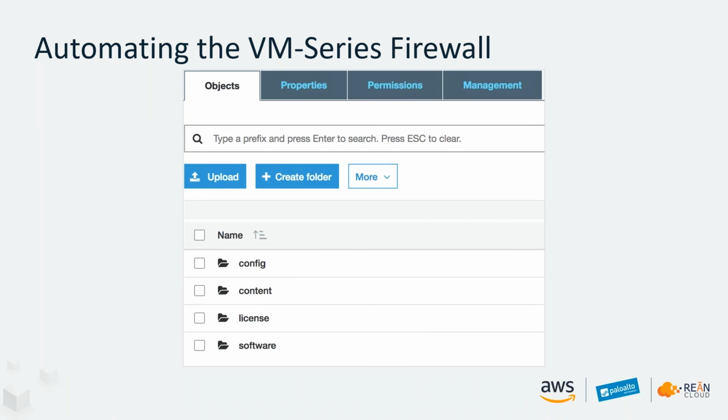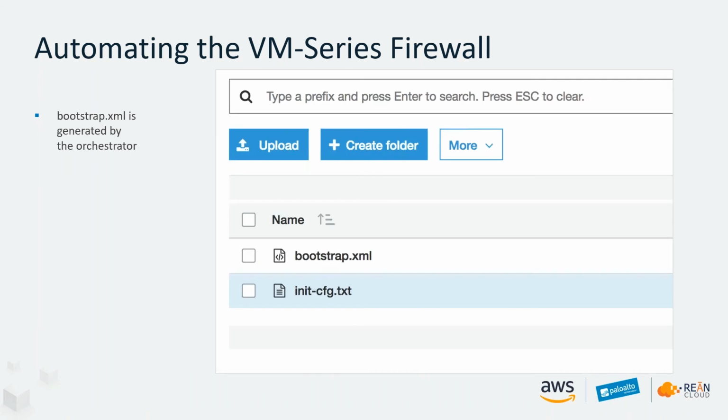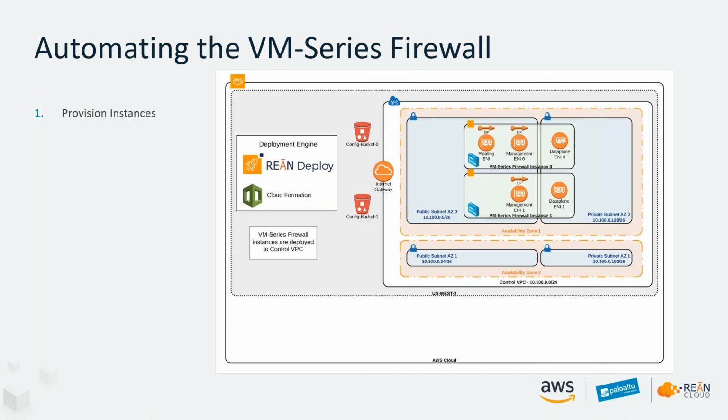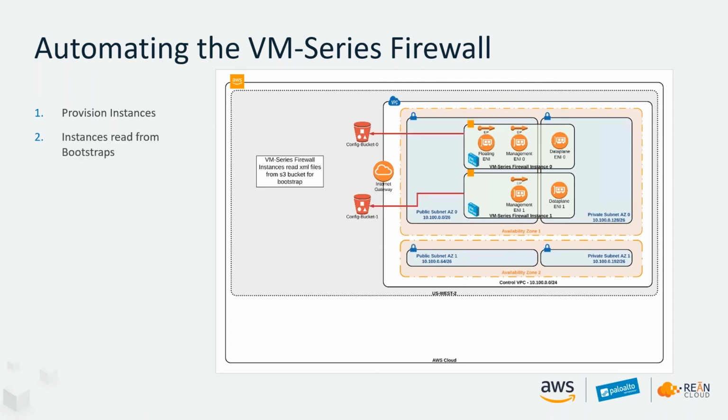And so within the config directory, we were able to store this updated bootstrap with the correct IP addresses that had been deployed for the networking within the VPC, and boom, point the Palo Alto to that, point the VM series to it, and as we provision the instances, they go pull from the S3 buckets, they pull the bootstrap and begin to go ahead and configure the VM series.